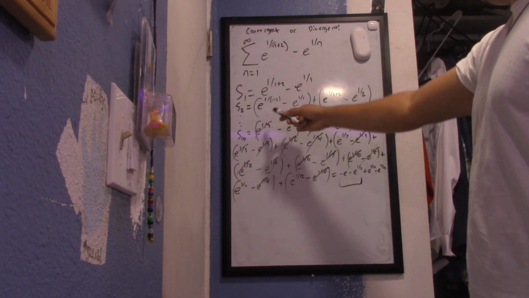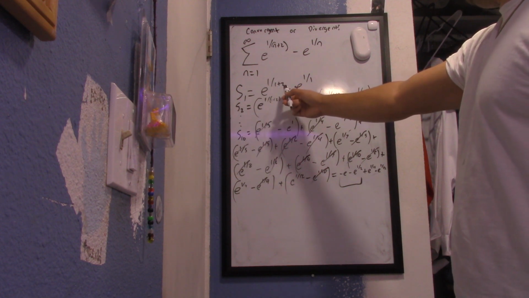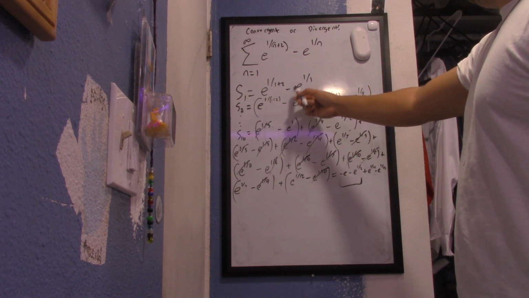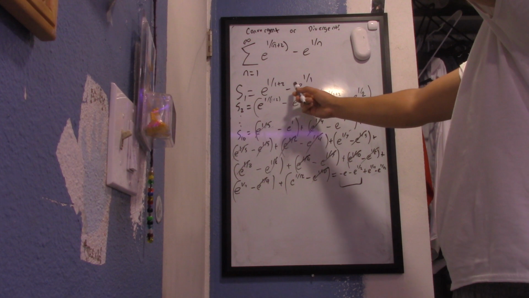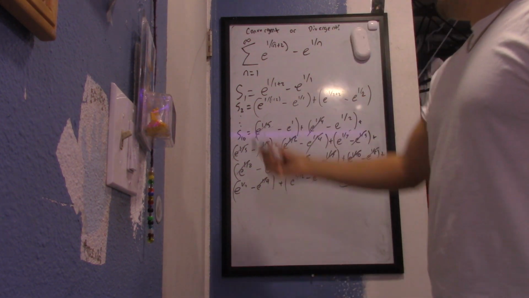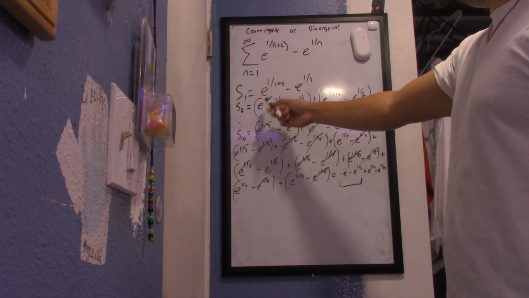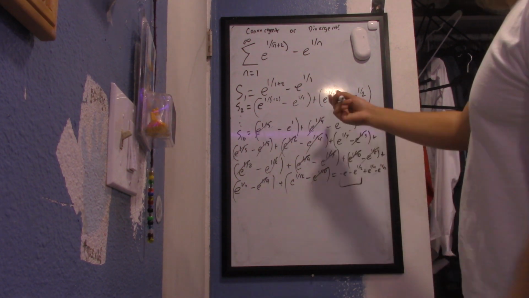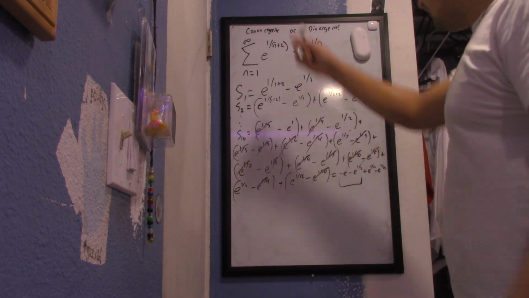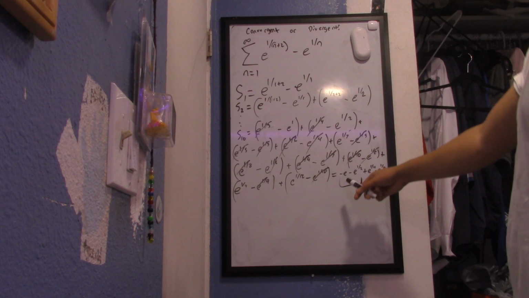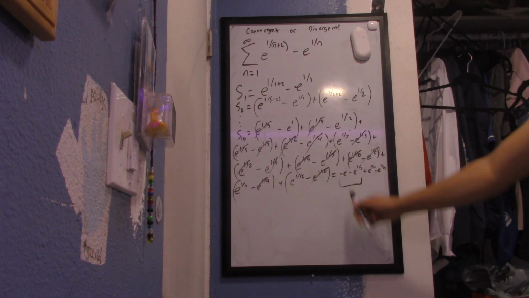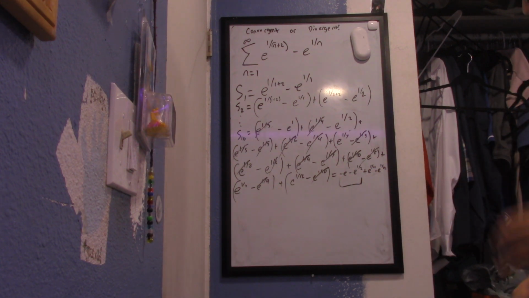We have e to the 1/3, or my bad, we have e to the 1/3 minus e, right? For the summation of 2, we have e to the 1/1 plus 2, and so forth. But as we go further down the line, we're going to notice that every single summation includes a negative e and a negative e to the 1/2.